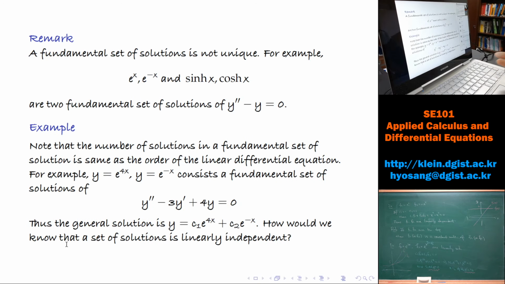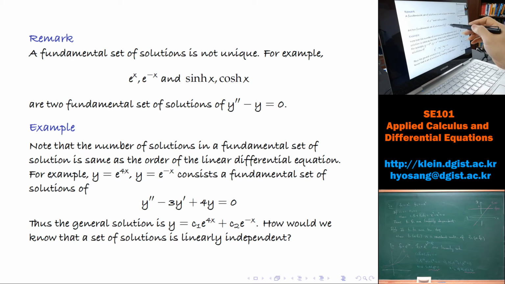Okay, so here's an example. When you try to find a fundamental solution, you don't try to find a unique fundamental solution. There could be lots of fundamental sets of solutions. For example, if you have the differential equation y double prime minus y equals 0, this homogeneous differential equation has solutions e to the x, e to the minus x, and also hyperbolic sine x and hyperbolic cosine x are all solutions.